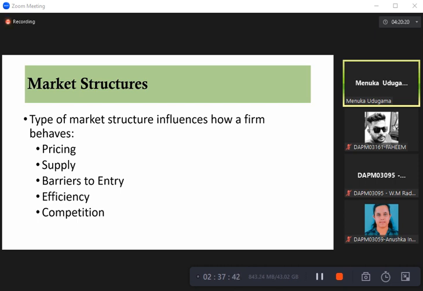So we can categorize market structures by looking at certain characteristics, such as the pricing strategies, how they supply products, the barriers, efficiency, competition, and so on. So the market a firm is in influences how that firm behaves.